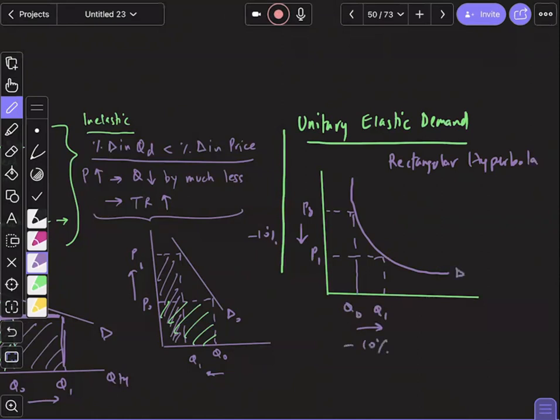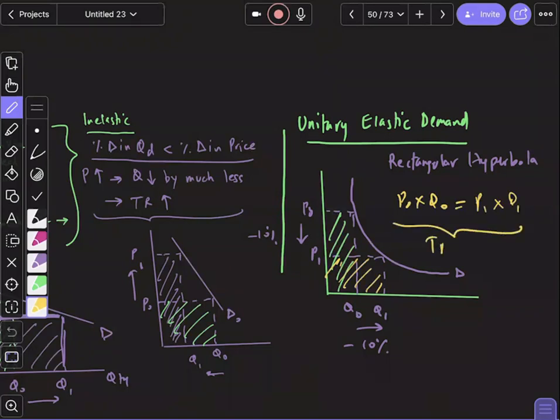So one would argue, guys, that the revenue will be unchanged. This is before, this is after, and we say that P0 times Q0 is equal to P1 times Q1. So total revenue will be unchanged.